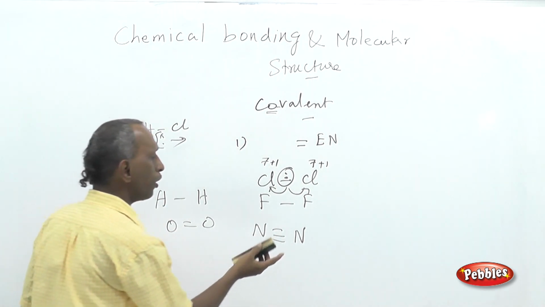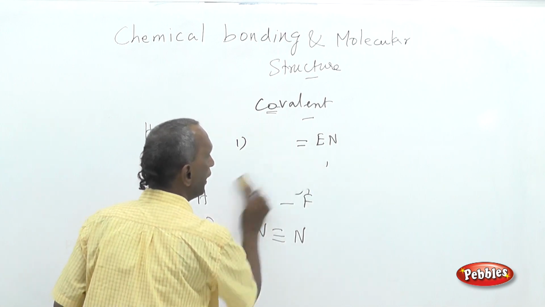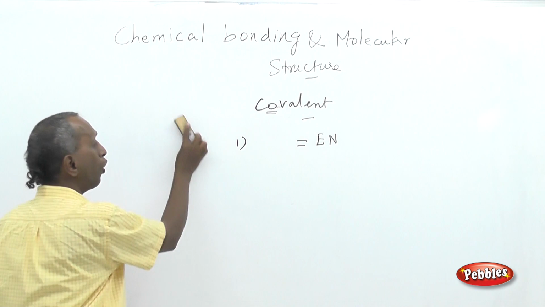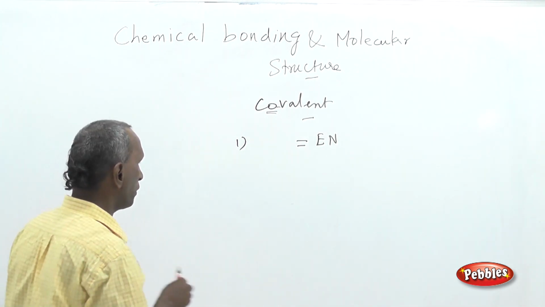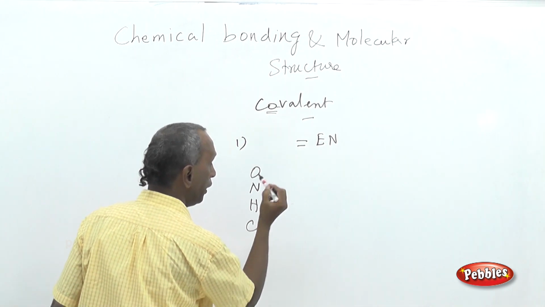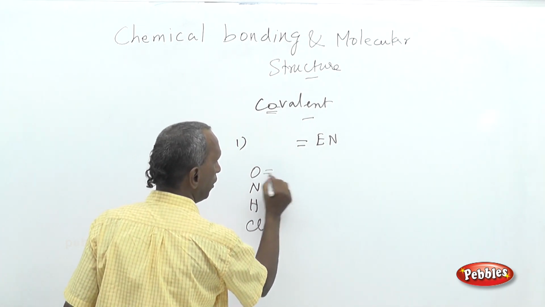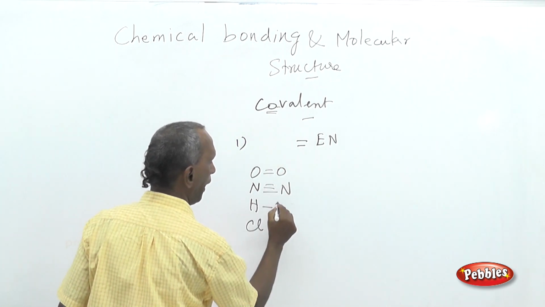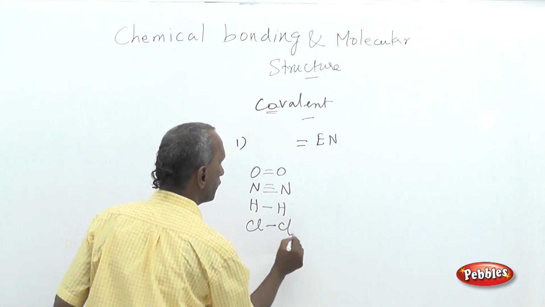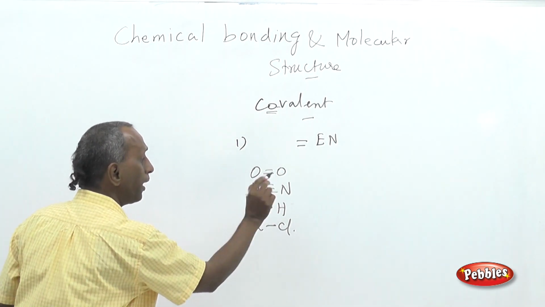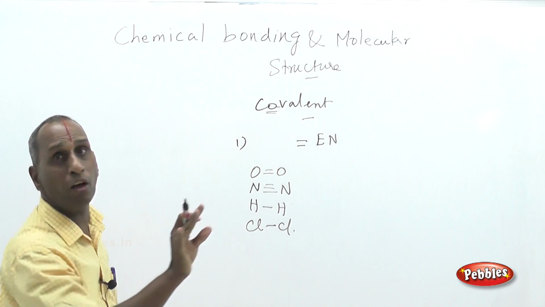If the elements are of equal electronegativity, such elements will form covalent compounds. Examples are oxygen, nitrogen, hydrogen, chlorine individually. Oxygen has a double bond, nitrogen a triple bond, hydrogen a single bond, chlorine a single bond. Because both are equally powerful, the central electron pair will not move towards any of the atoms.